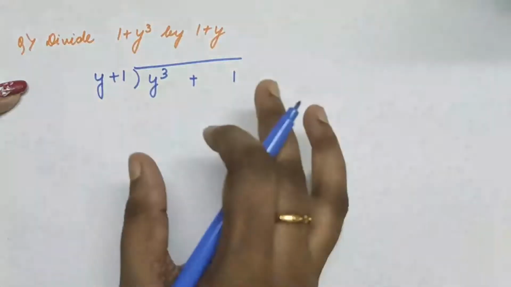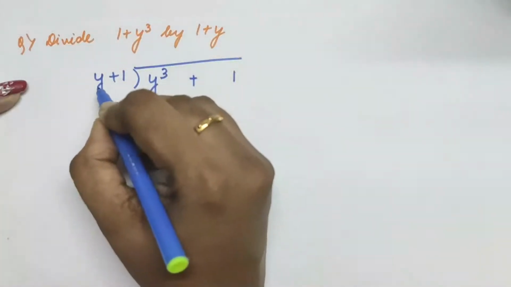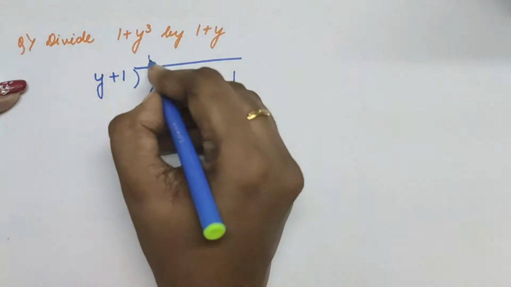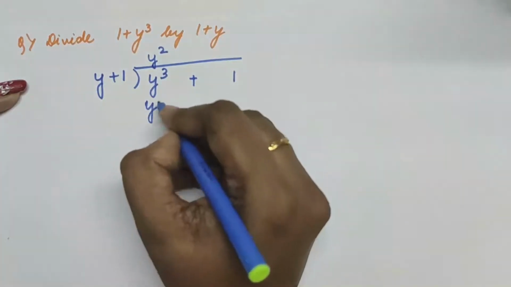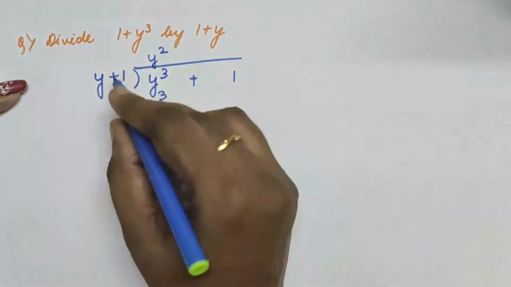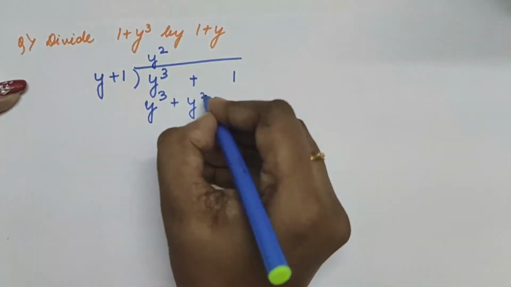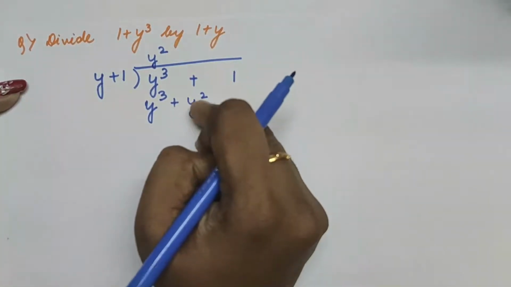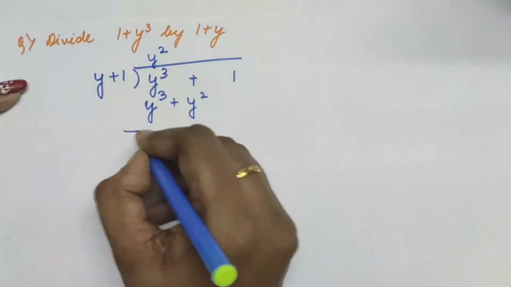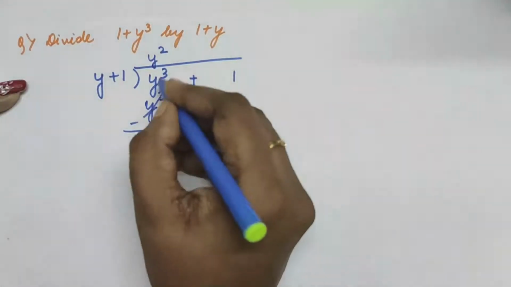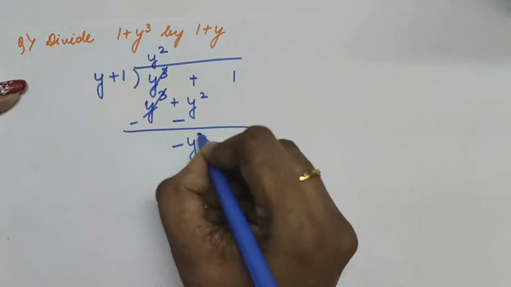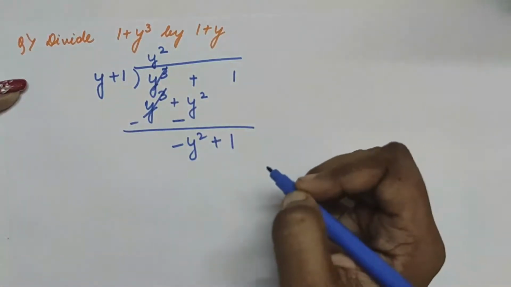Now from y I have to get y cube, so I have to multiply y square. So when I write this I get this, but the second term is y square. Then I put a minus, changing the symbol, and I get y square plus 1, the remainder.